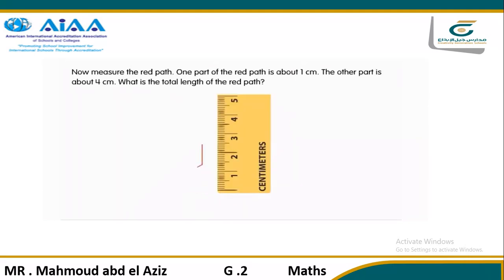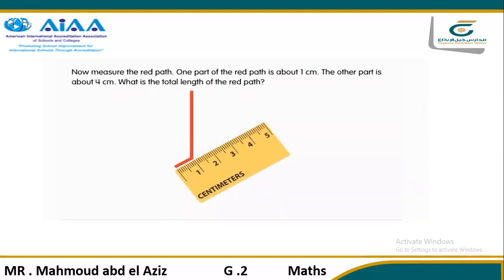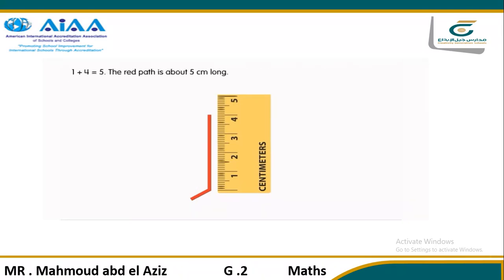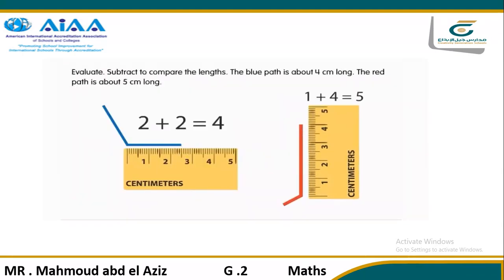Now measure the red path. One part of the red path is about 1 centimeter. The other part is about 4 centimeters. What is the total length of the red path? Select your answer. 1 plus 4 equals 5. The red path is about 5 centimeters long. Evaluate.